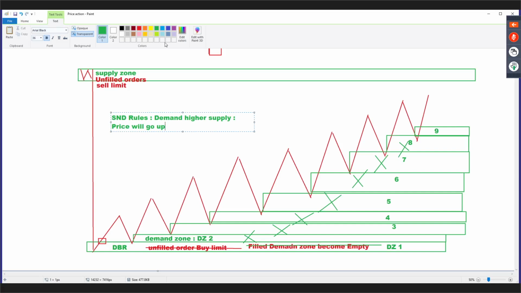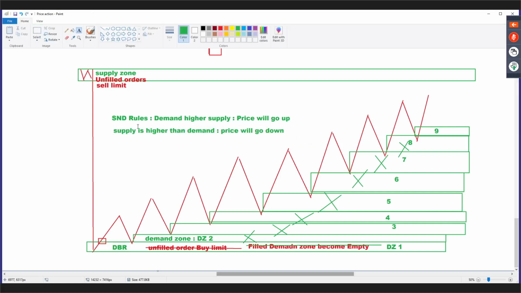When people want to buy more than people who want to sell, the price will go up. The same thing, when supply is higher than demand, the price will go down. So this is the basic rules of supply and demand.